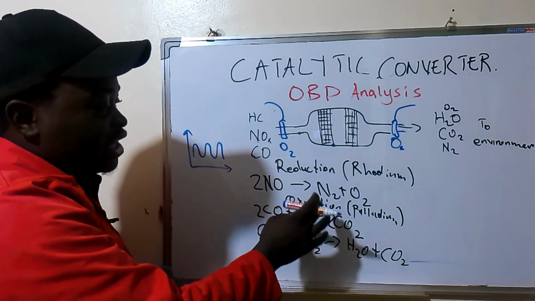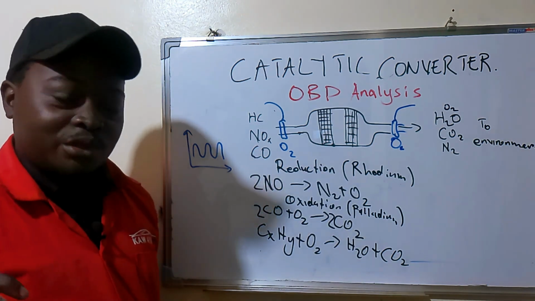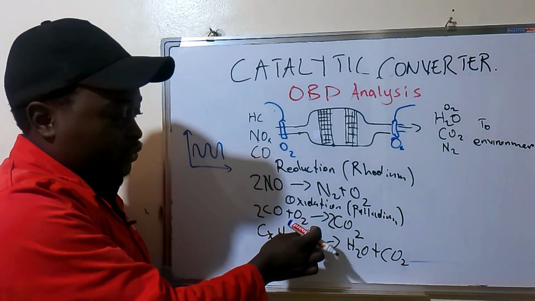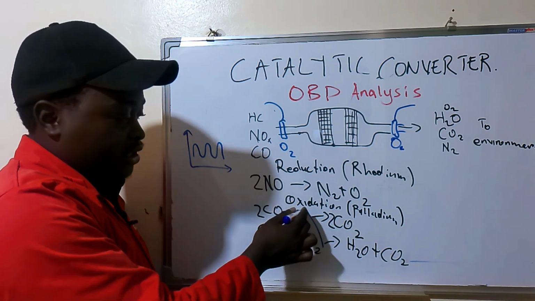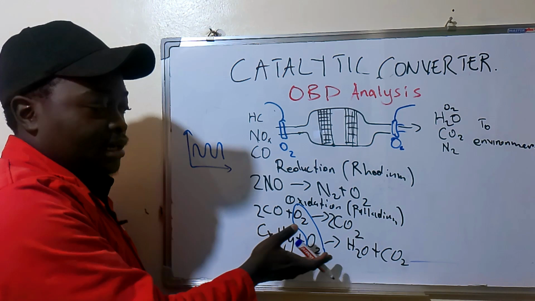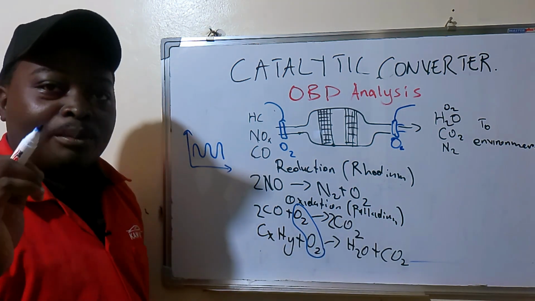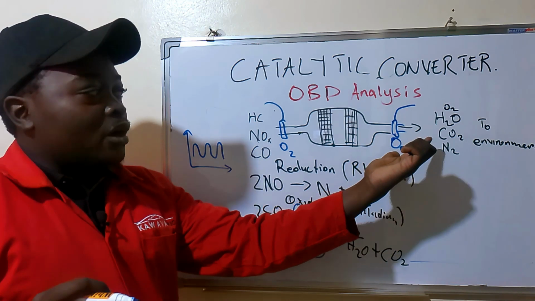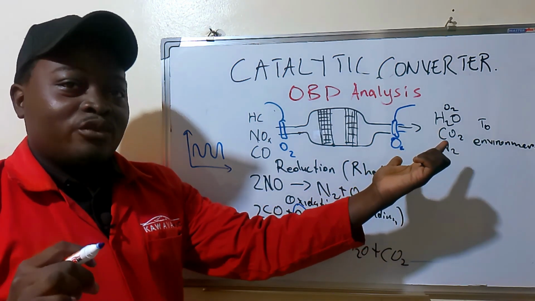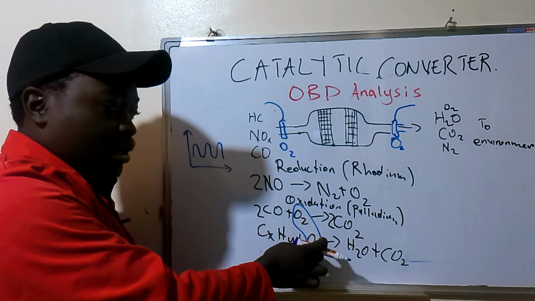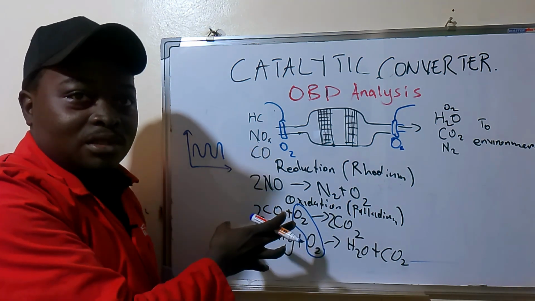So this indicates that we have some oxygen before the catalytic converter. Now, as you can see from our chemical equations, due to oxidation, most of this oxygen is depleted to break down these compounds. So an effective converter should give out very low amounts of oxygen, because most of the oxygen will be used to oxidize these harmful compounds.